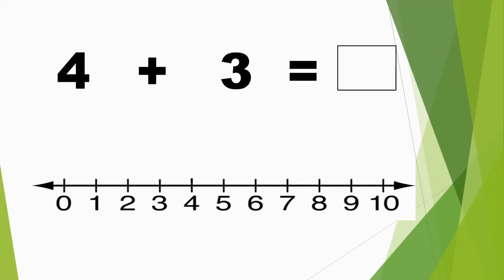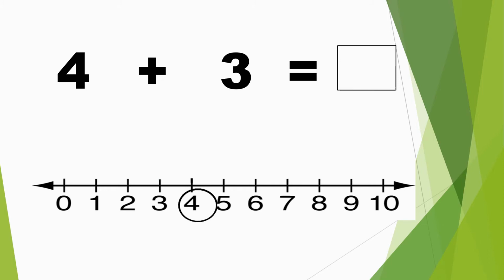Now let's see one more example. Now here I have 4 plus 3. So how can I do this? First I have to look at 4. Where is the 4 on the number line? So 4 is placed here. Now I need to add 3. That means I need to hop 3 times.